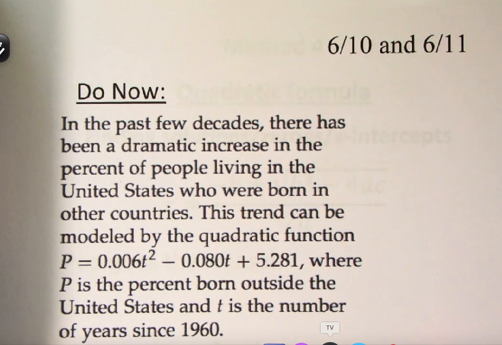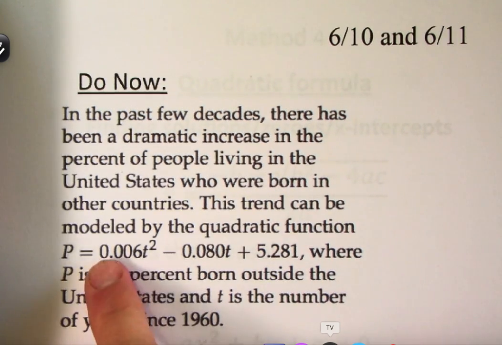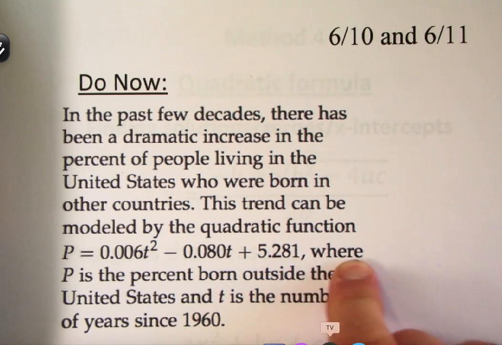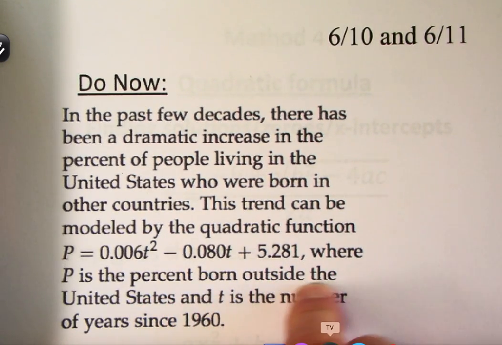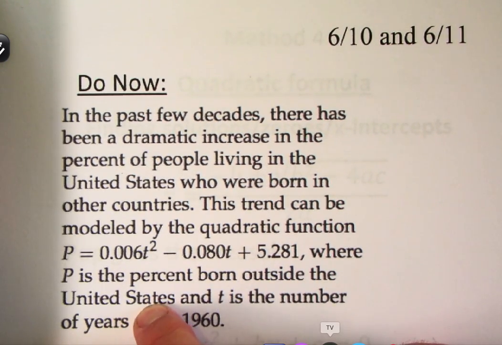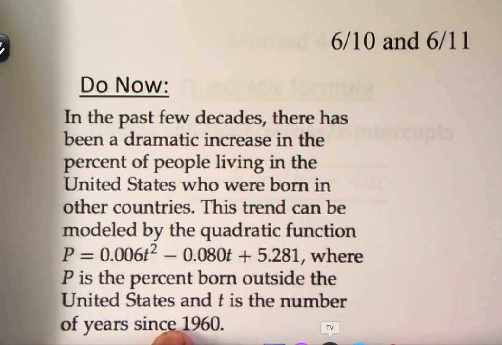In the past few decades, there has been a dramatic increase in the percent of people living in the United States who were born in other countries. This trend can be modeled by this quadratic function, where p is the percent born outside the United States, and t is the number of years since 1960.